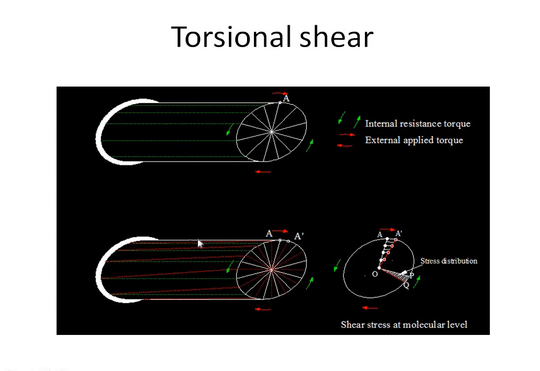Look at the lines from here. The green ones are the ones which were initially there, and after loading it has shifted to the red line. So every atom along the green line has now moved towards a new location, that is along the red line, right?